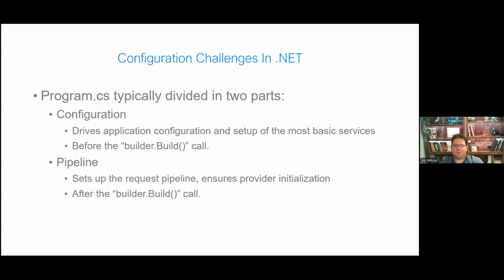In the case of the memory cache, there's nothing else to configure. You wire up the dependency injection container with your memory cache, and you're good to go. In the case of a Redis cache, you have to wire up the dependency injection container, but then you also have to initialize the provider.